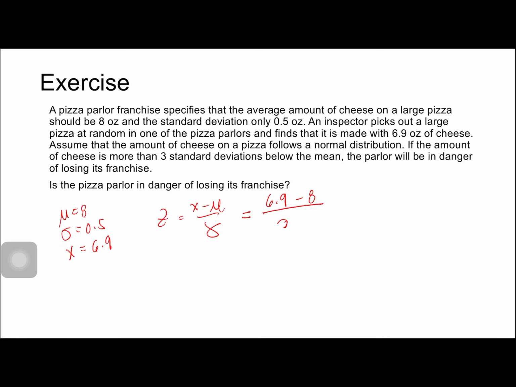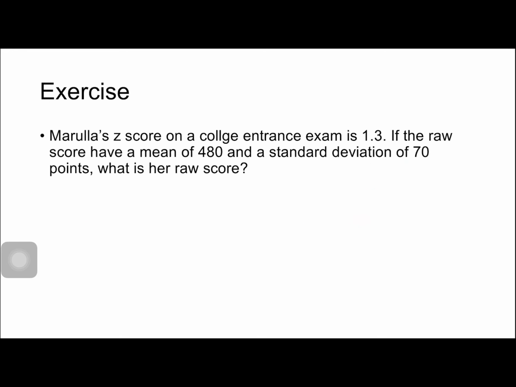That is equal to 6.9 minus 8 divided by 0.5. It gives us -2.2. Okay? So, what does it mean? It means that the pizza parlor is not in danger of losing its franchise.